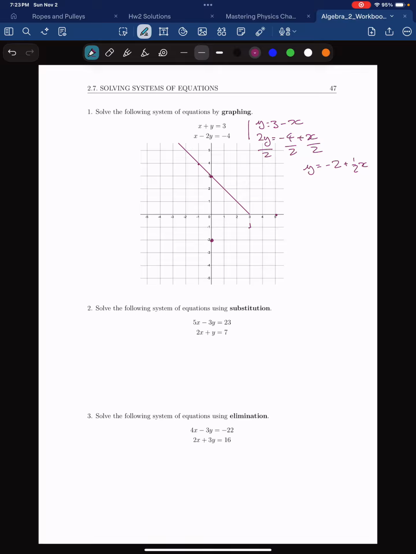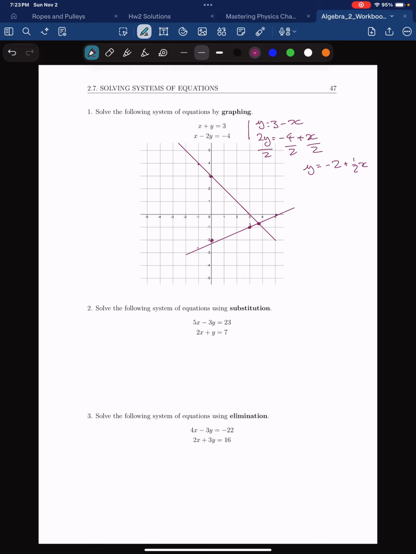So let me extend my line a little bit. And that's where they meet. That's the solution. All right, that's where they meet.